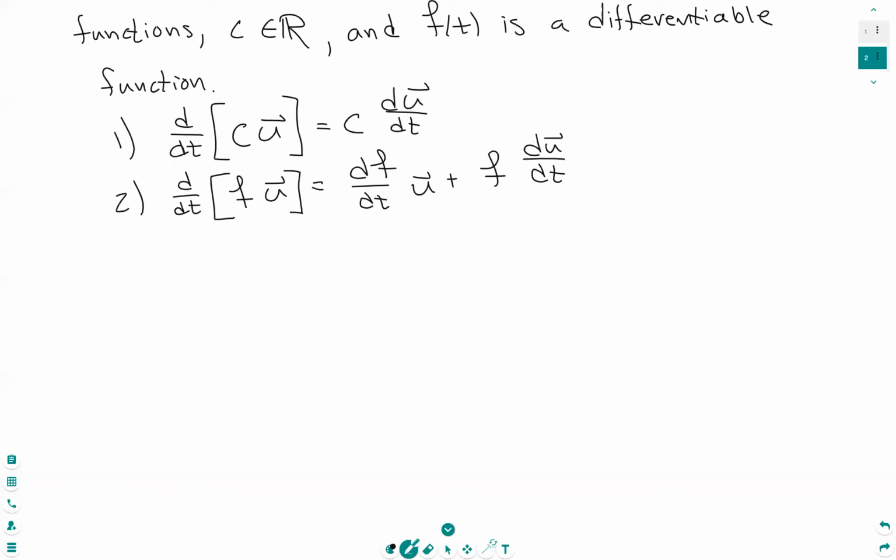Three, we take the derivative of u plus v, we get du dt plus dv dt. Okay, so those seem to line up with our logic from how differentiation works with scalar functions, right?